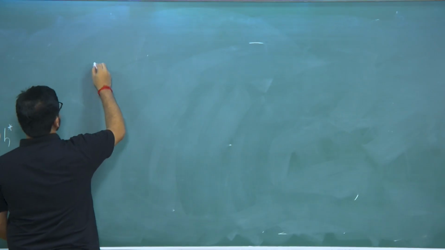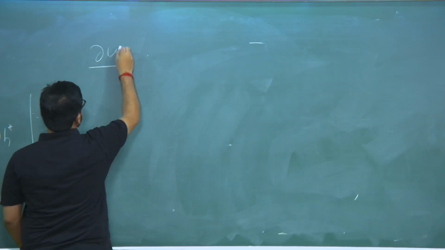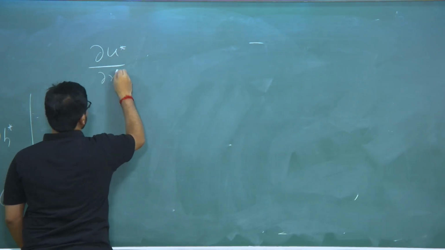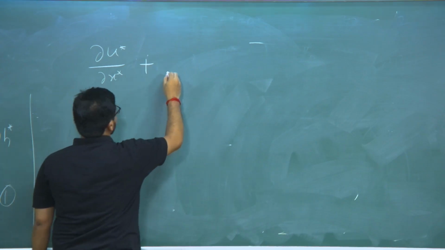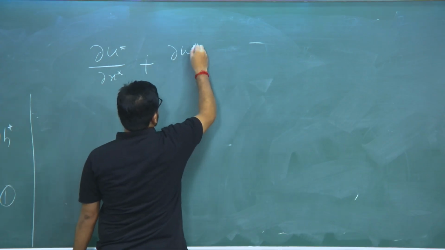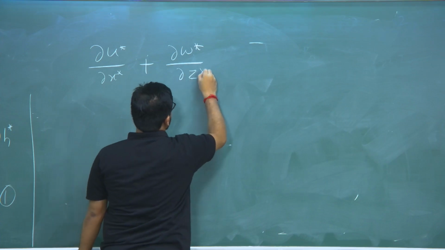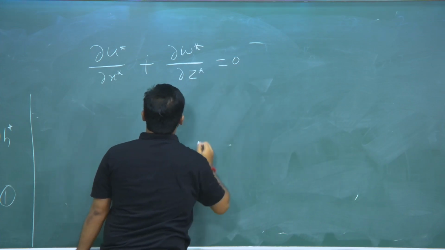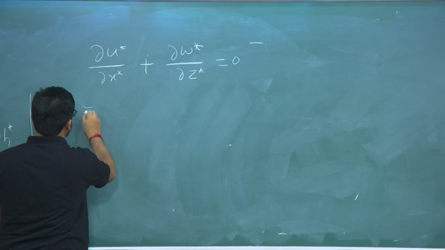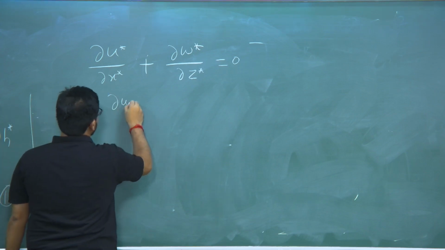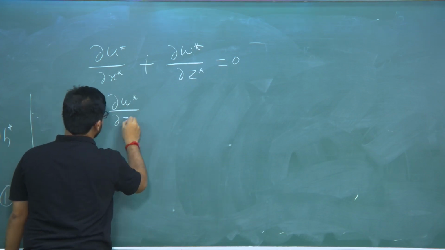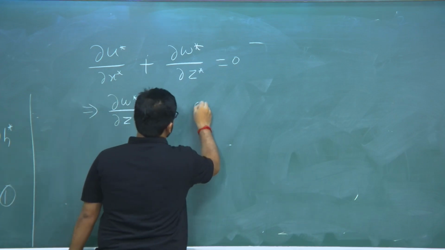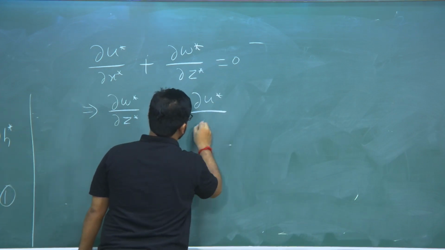From continuity equation we have dou u star upon dou x star plus dou W star upon dou z star equal to 0. So, from here you can get dou W star upon dou z star is equal to minus dou u star upon dou x star.